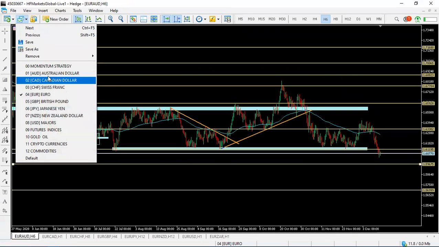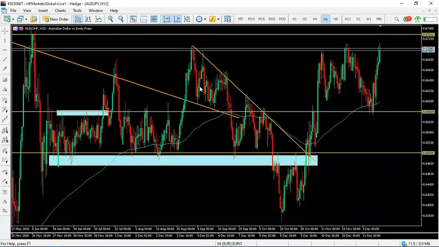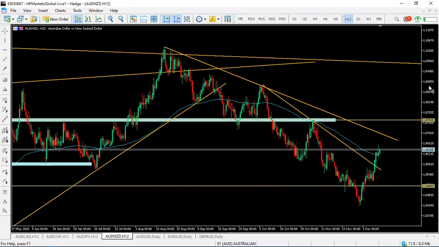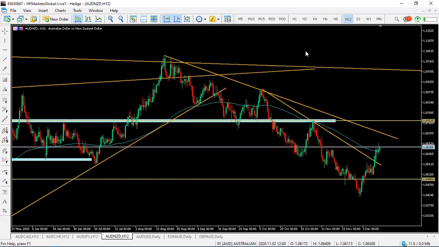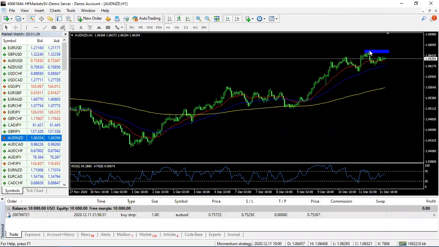What do we have with the MT5? So yeah, I can comfortably take a long position. Yeah, I can comfortably take one. Okay, but I want to see the prices break above this point, this zone.